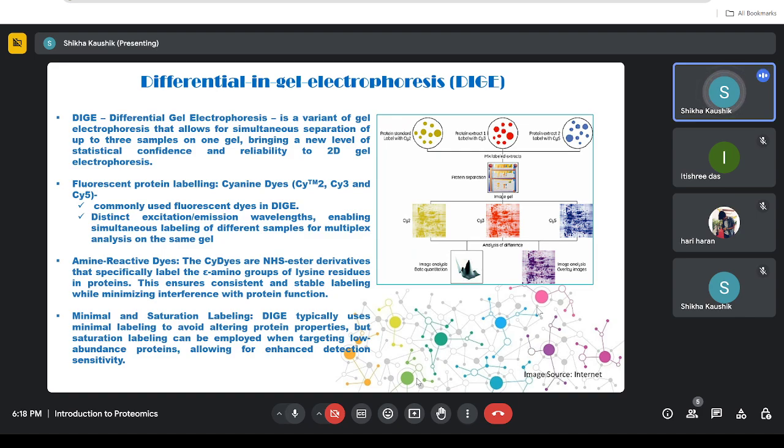Likewise for Cy3 it's red, and for Cy5 it's a bluish color. When you have a combined effect of these dyes, you definitely have an overlapped image, and that will give you altogether a different color. On the basis of that, you study this particular technique.